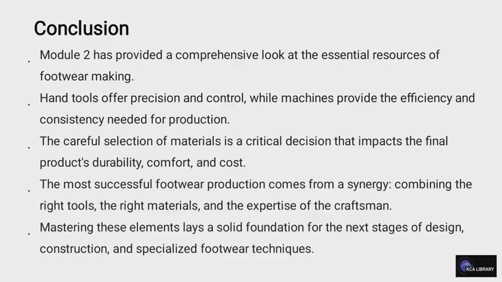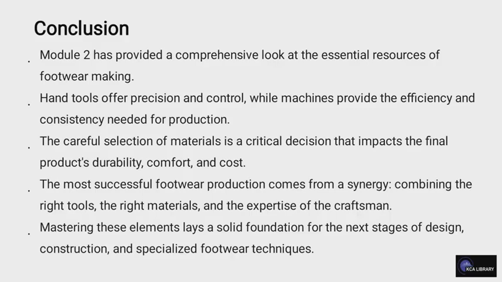In conclusion, Module 2 has provided a comprehensive look at the essential resources of footwear making. Hand tools offer precision and control, while machines provide the efficiency and consistency needed for production. The careful selection of material is a critical decision that impacts the final product's durability, comfort, and cost.